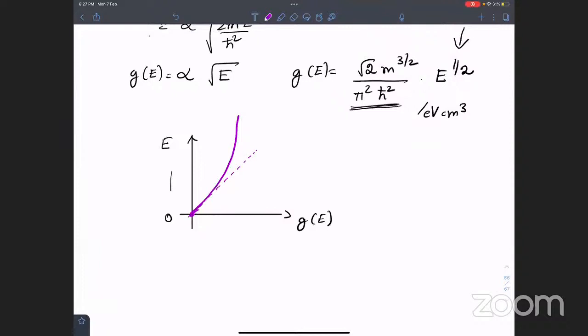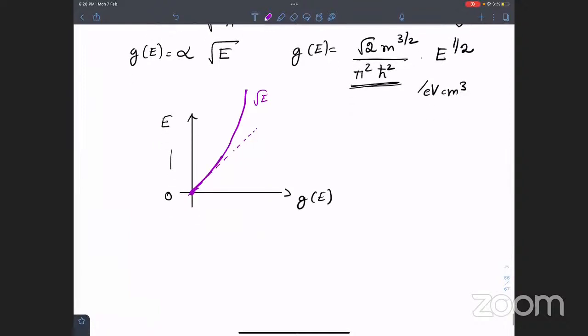In other words, it doesn't increase so rapidly. After some time, it almost saturates. It looks like a parabola in a way. So this is a square root of E dependence.